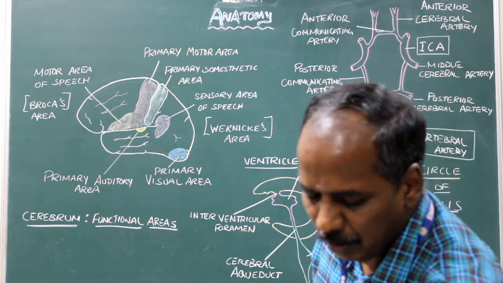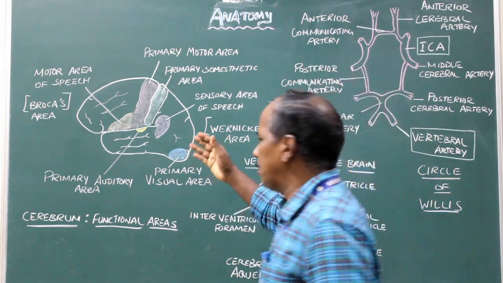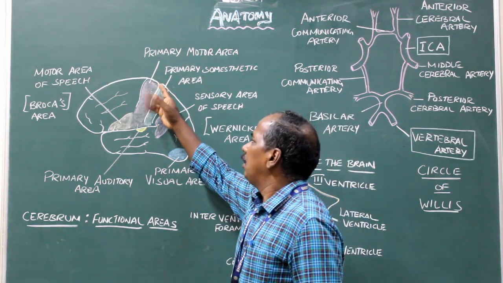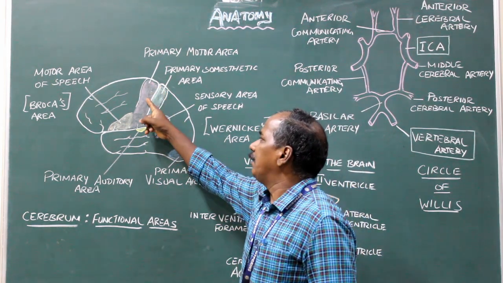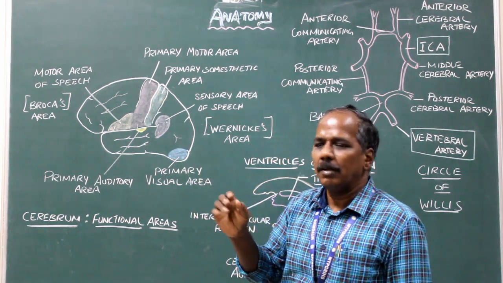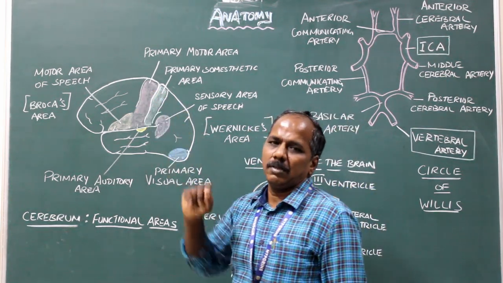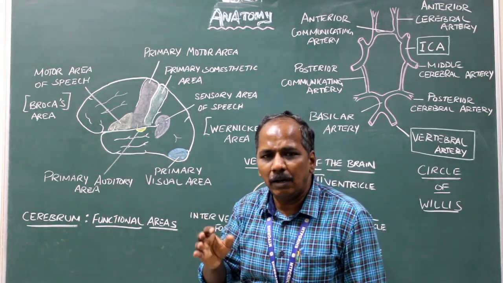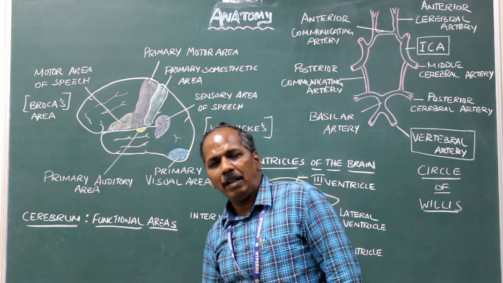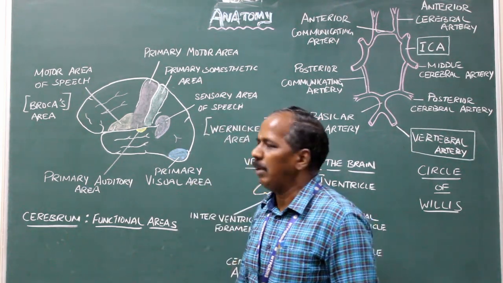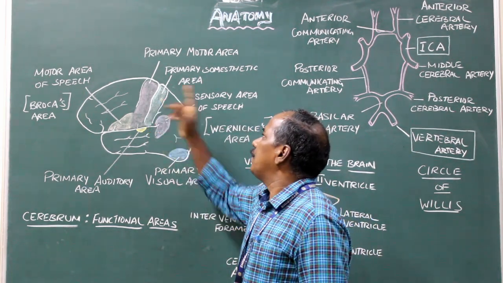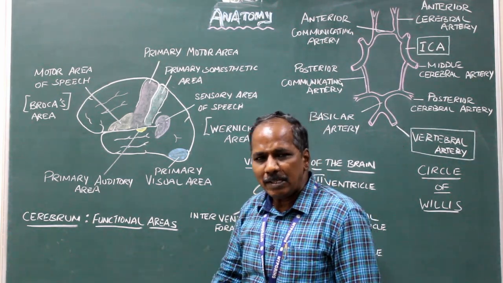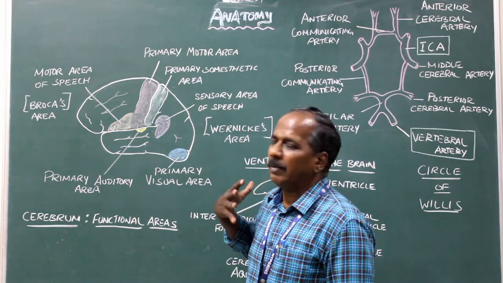Now I am going to explain on the board. As you see, the primary motor area. This is the central sulcus. The primary motor area is present in the precentral gyrus. It controls the entire motor activity of one half of the body. The primary somesthetic area receives the entire sensation from one side of the body.